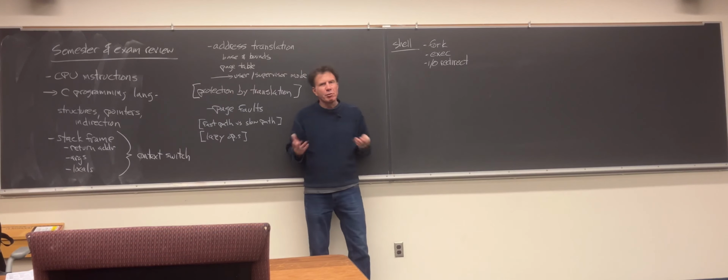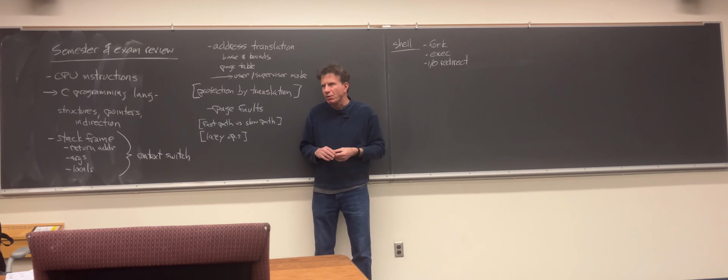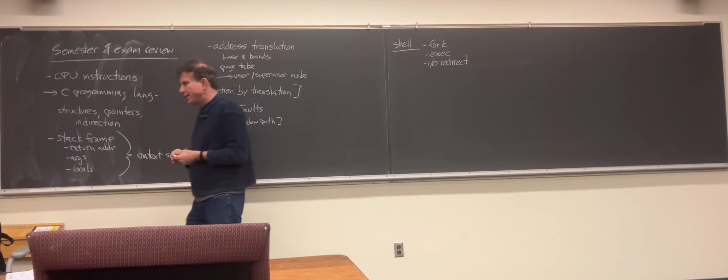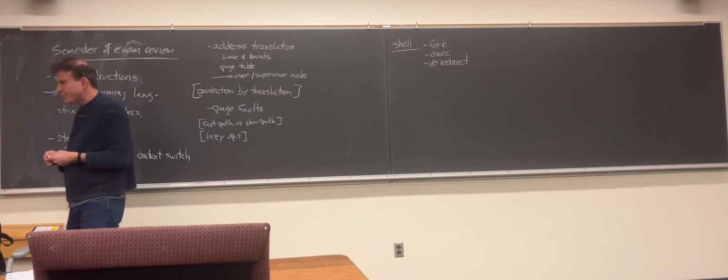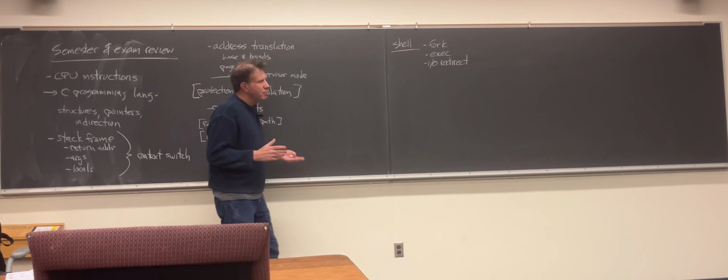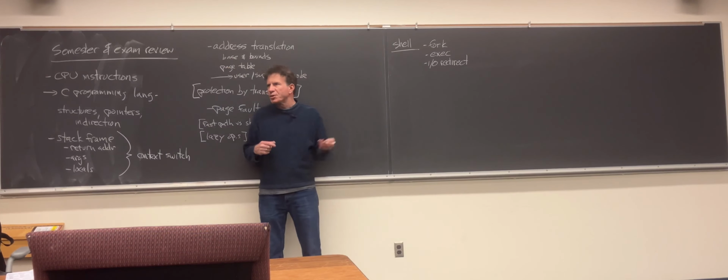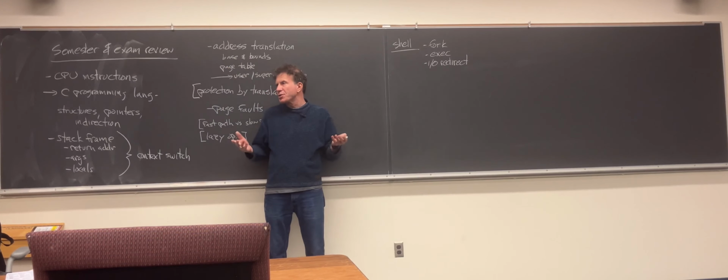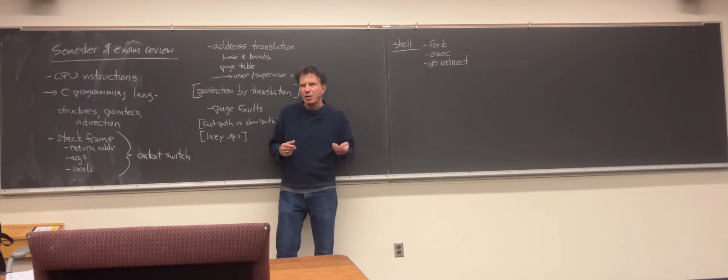And we saw how we were able to redirect I/O. The reason we can do that is because there's a well-known file descriptor for standard input and another one for standard output. File descriptor 0 is standard input.